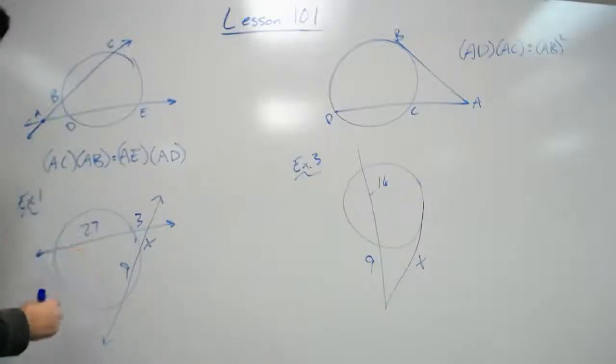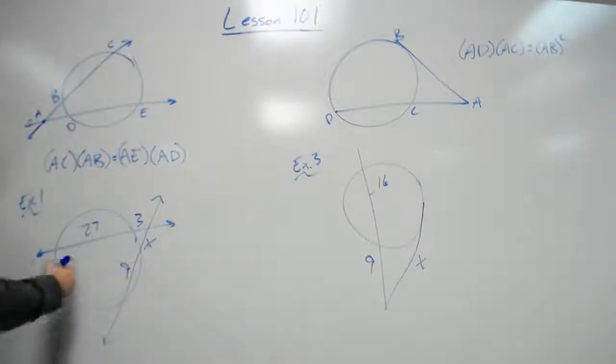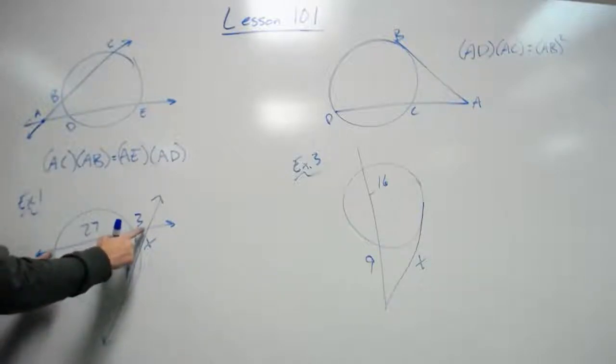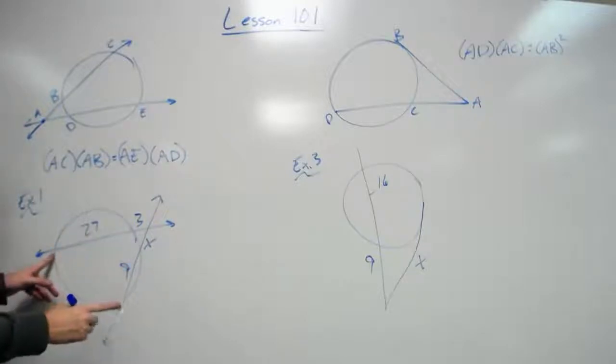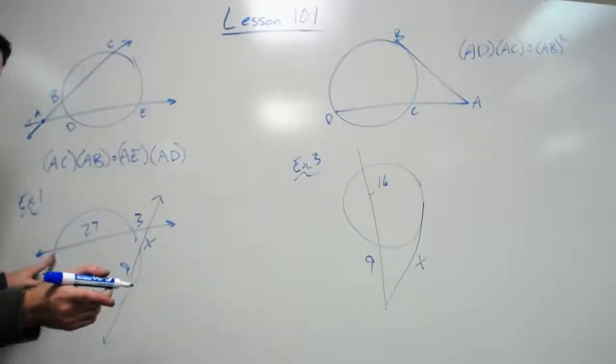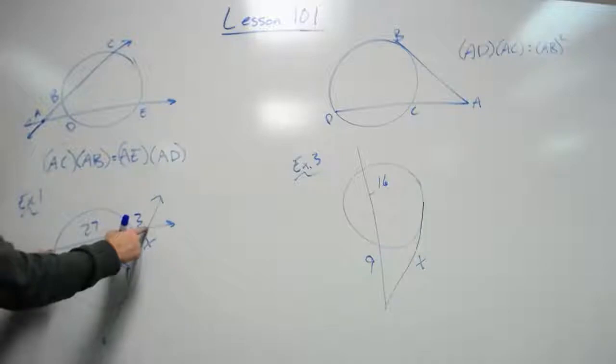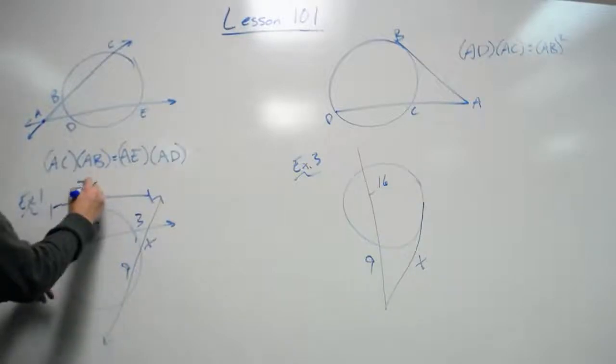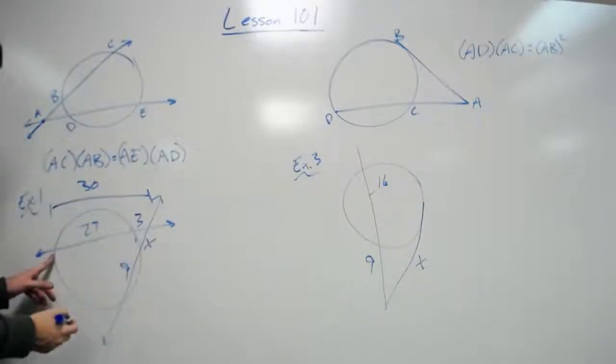So putting that into practice, looking at example 1, what is the secant? Is the secant 27? And that's where some people might make a mistake. The secant is not 27. From here all the way to here is actually 27 plus 3. It's 30.